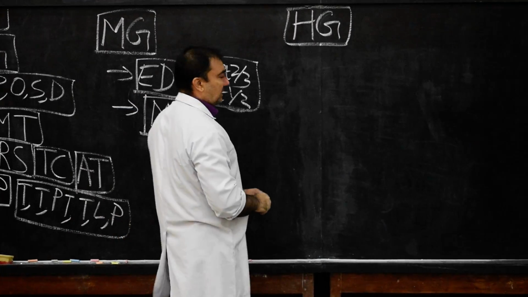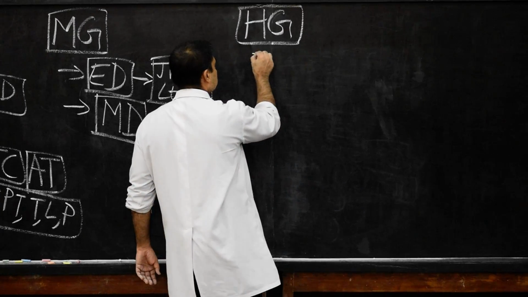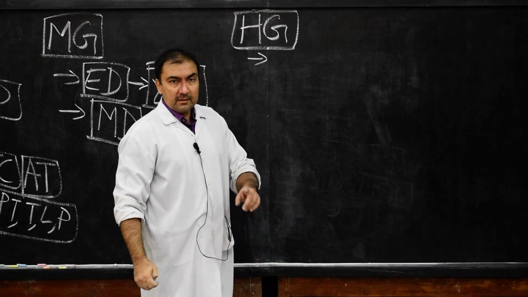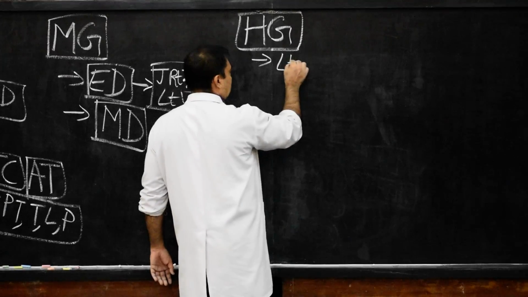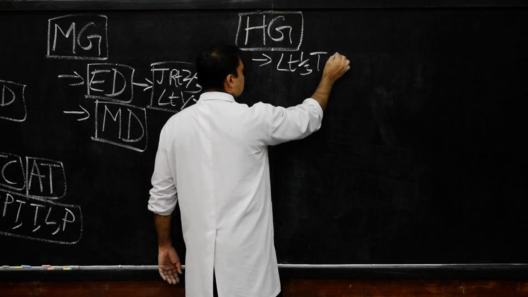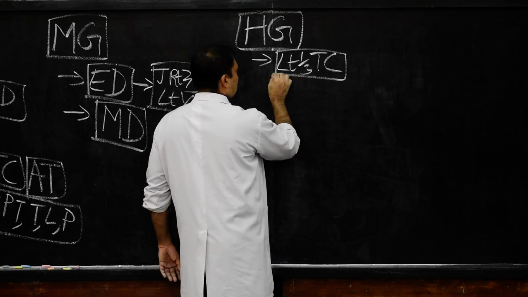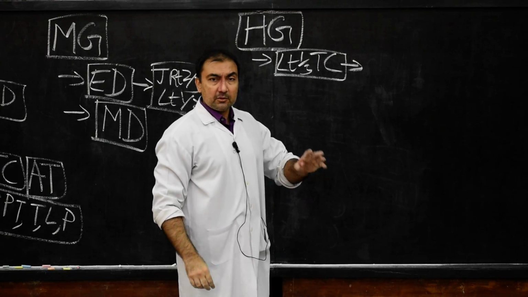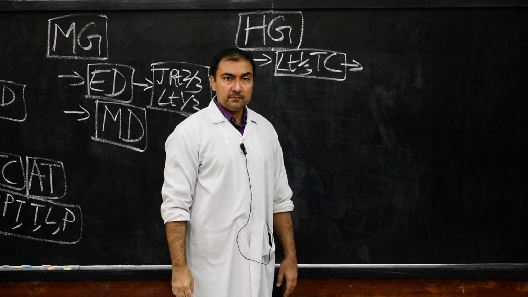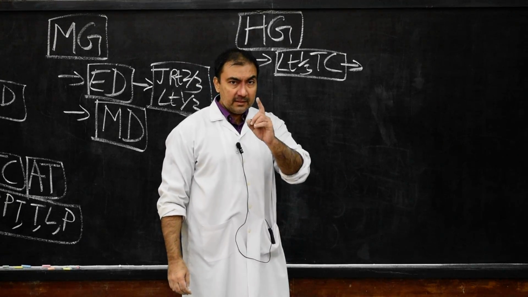The derivatives of the hindgut: we start with the left 1/3 of transverse colon. From here till descending colon, sigmoid colon, rectum and anal canal.